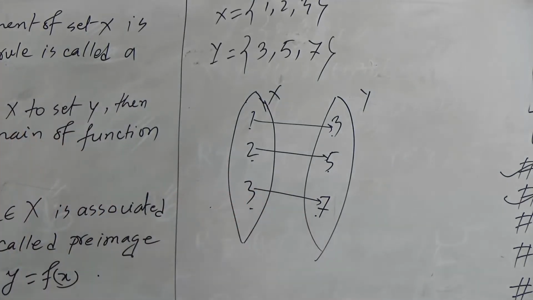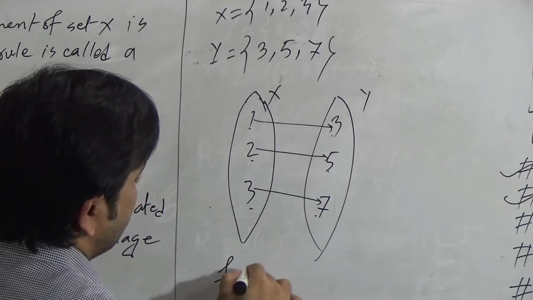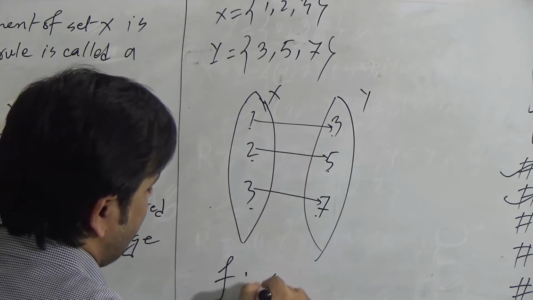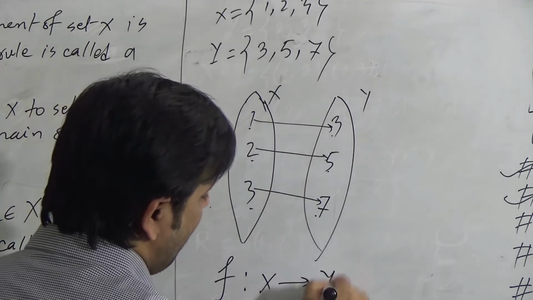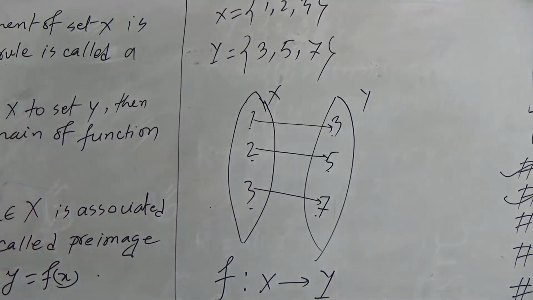This relation or this rule is known as a function, and this rule can be denoted by f is a function from X to Y. This can be denoted in this way.